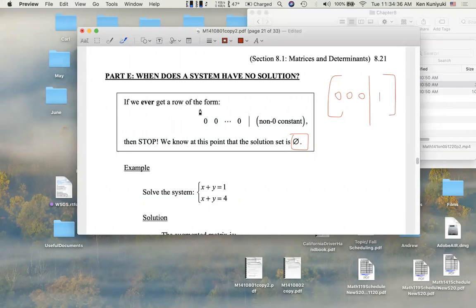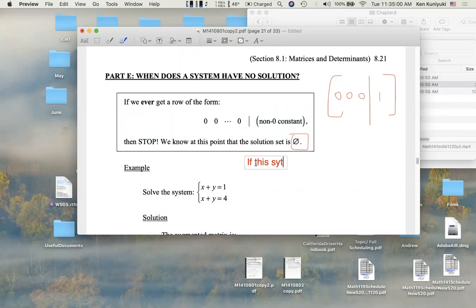Basically, if we ever get a row of all zeros on the coefficient side, slash, a non-zero constant on the right side, then you have the opportunity to stop, and you know right there, hey, the solution set is empty. Because here's the logic.